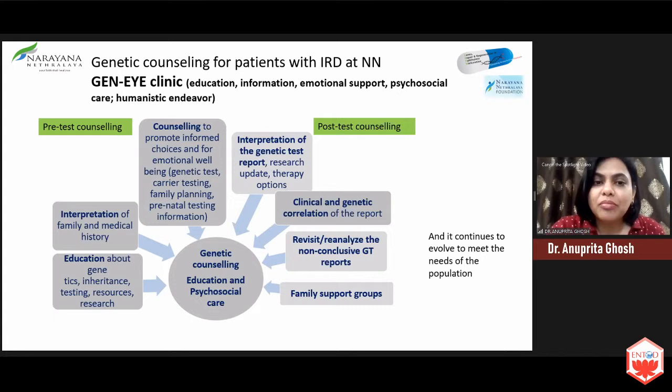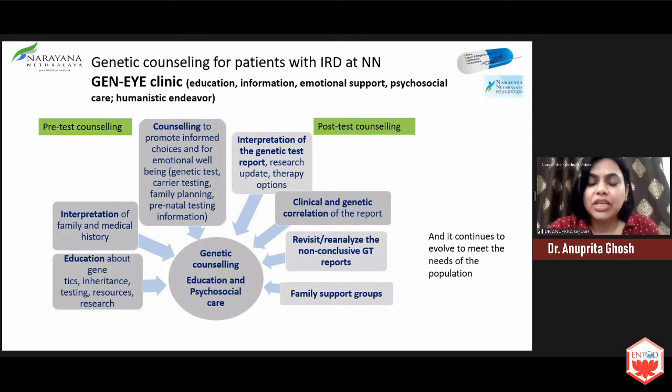We counsel them to promote informed choices and for their emotional well-being, for carrier testing, for family planning, or even prenatal testing, which is of course done with a gynecologist on board. We talk about the advantages of genetic testing as well as limitations. But as you can see, it's not just about genetic testing.